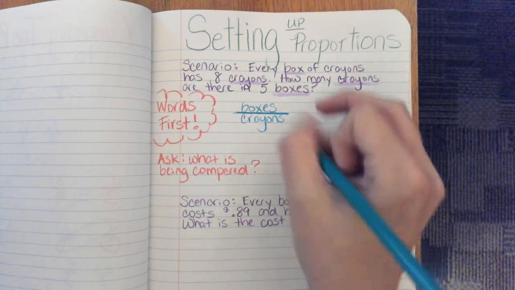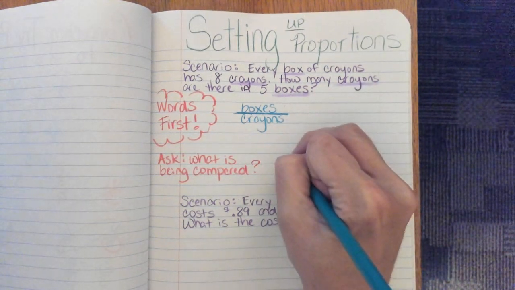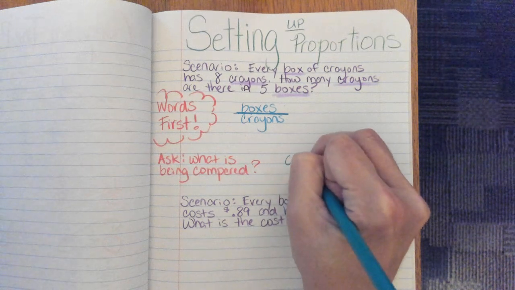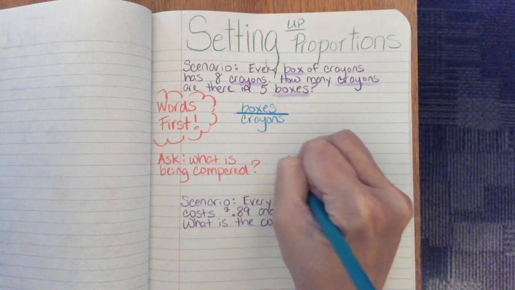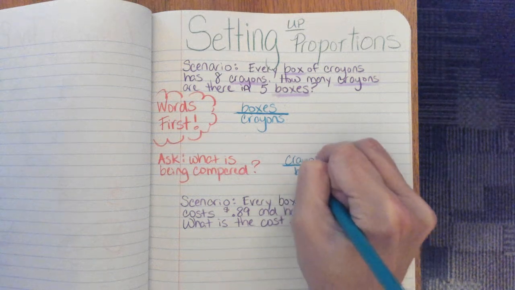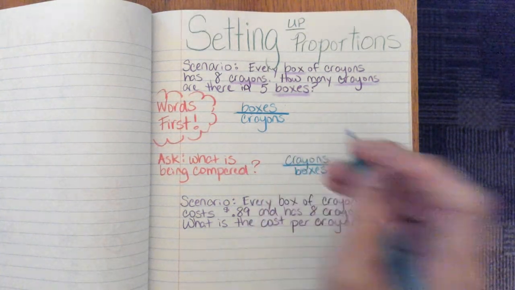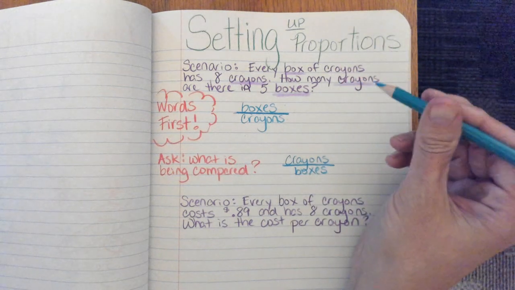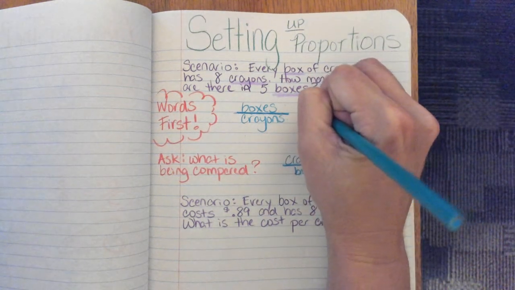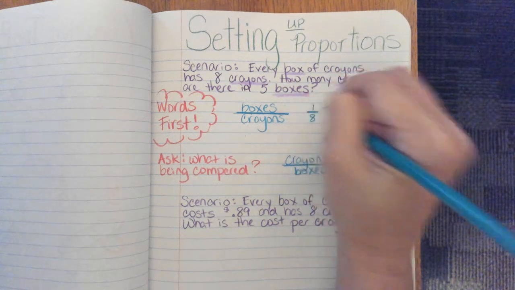I'm actually going to show you that it will work either way. So down here, I'm going to compare crayons on top and boxes on the bottom, because the order really doesn't matter. Every box has 8 crayons. So in one box, there are 8 crayons.